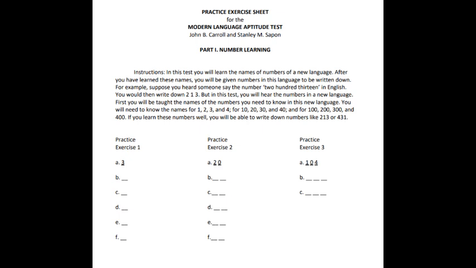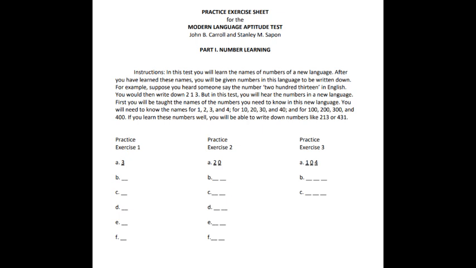First, you will be taught the names of the numbers you need to know in this new language. You will need to know the names for 1, 2, 3, and 4, for 10, 20, 30, and 40, and for 100, 200, 300, and 400. If you learn these names well, you will be able to write down numbers like 213 or 431.